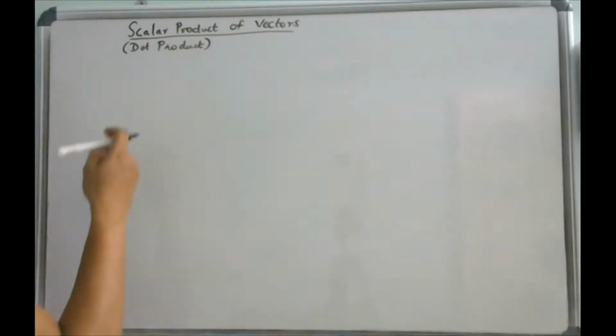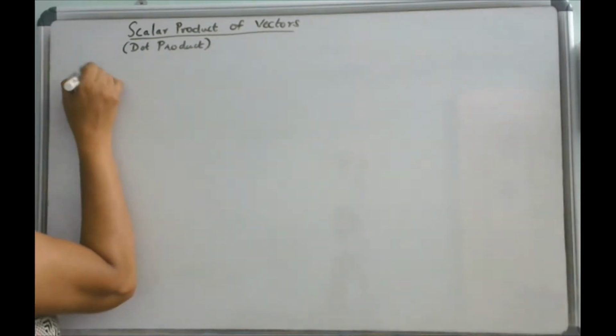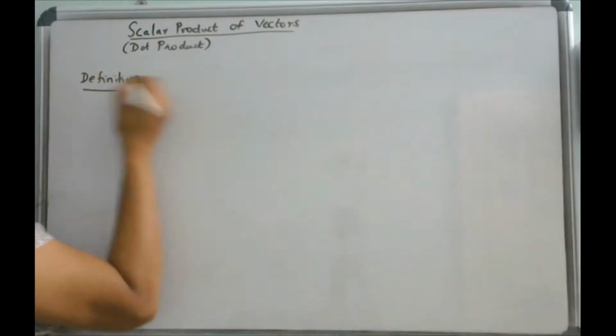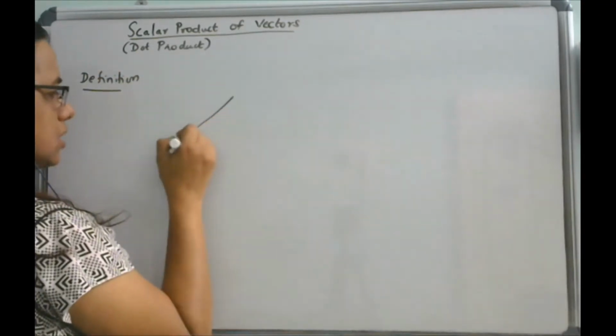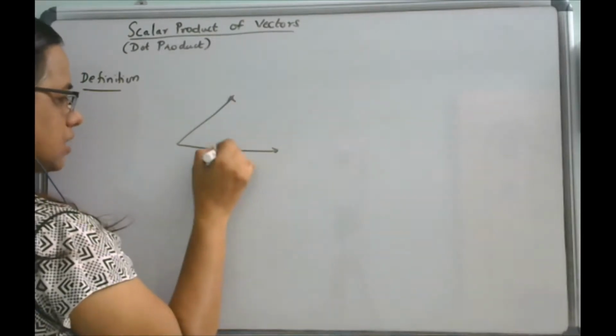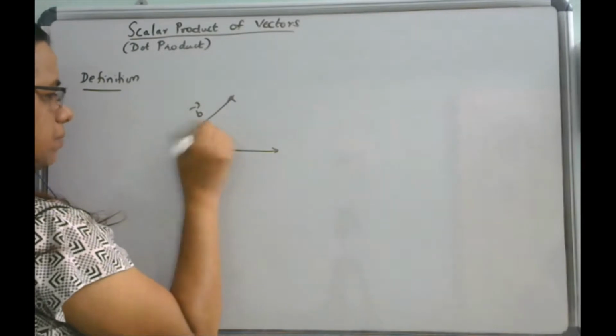So for learning about the scalar product or dot product of vectors, first is a definition part that you have to know. Suppose a and b are two vectors given and theta is the angle between them.